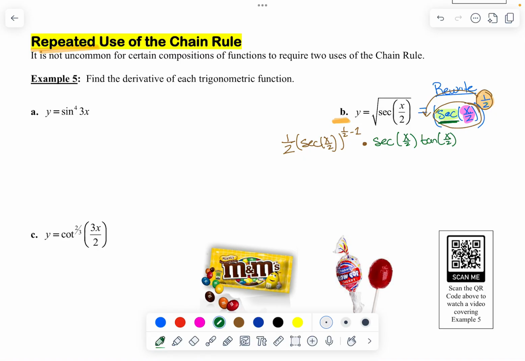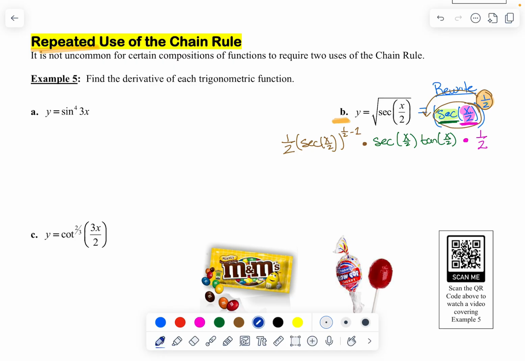That's the derivative of secant of x over 2. And then the last part, again another chain rule, is going to be the derivative of the innermost function, which is the x over 2. And that's just going to be 1/2. The derivative of 1/2 x, or x over 2, is 1/2.